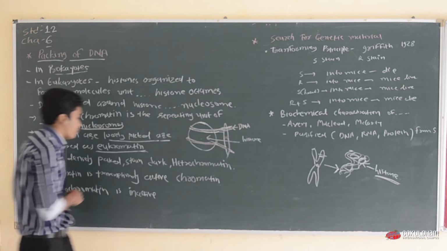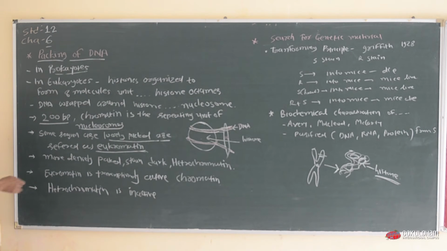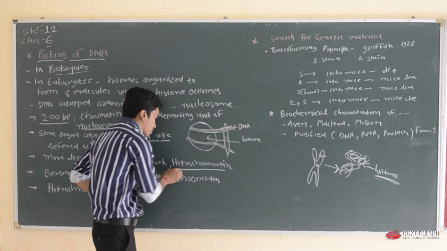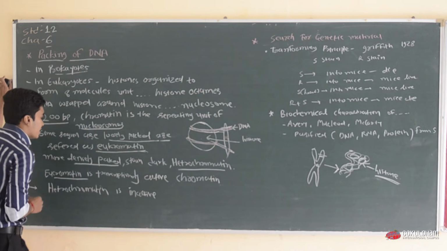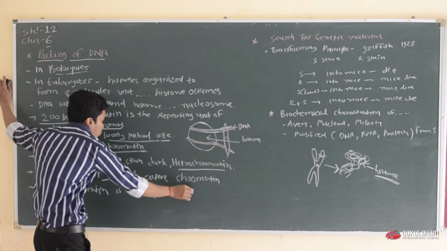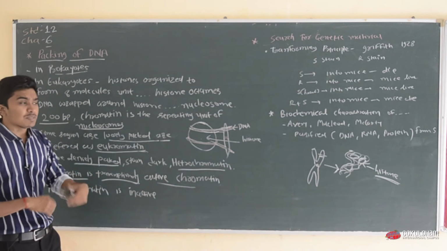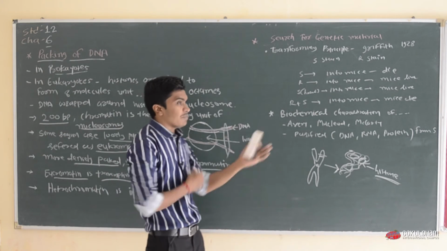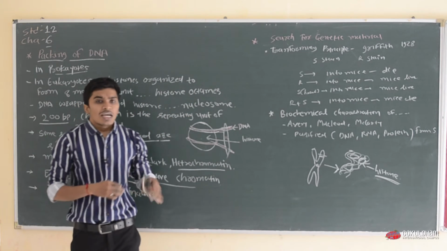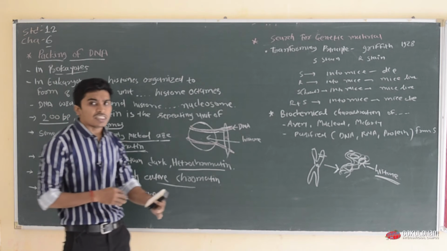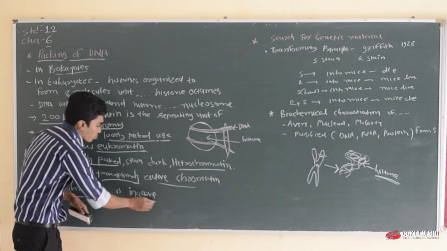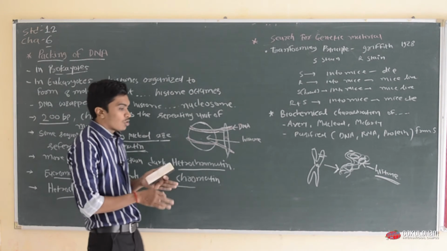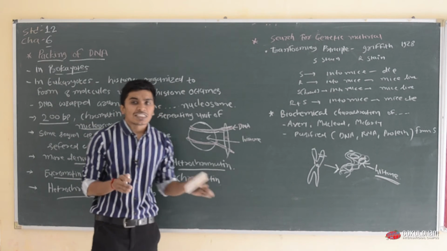And the other region, which is darkly stained and densely packed in the cell, is known as heterochromatin. Euchromatin is transcriptionally active chromatin, meaning replication and transcription processes are active there, whereas heterochromatin is inactive, meaning the region where heterochromatin is present is transcriptionally inactive.